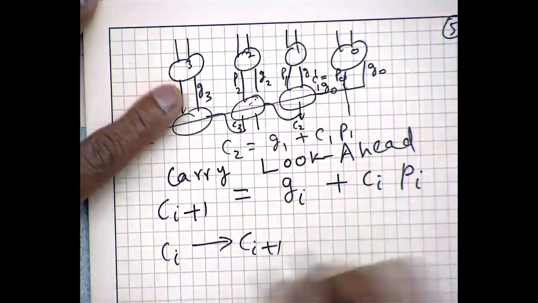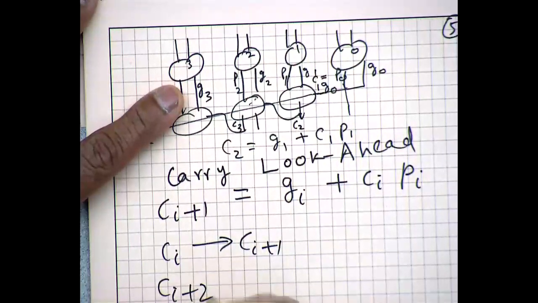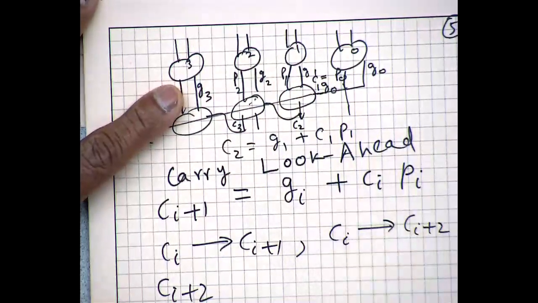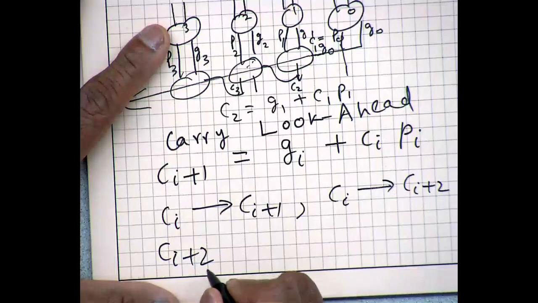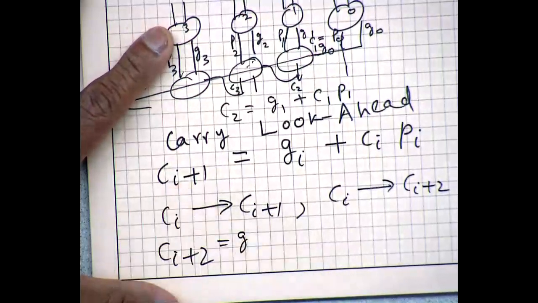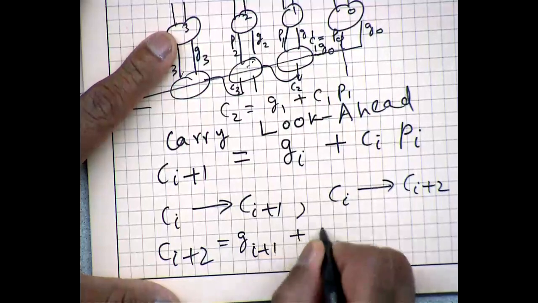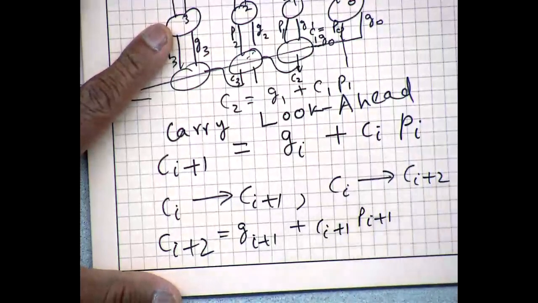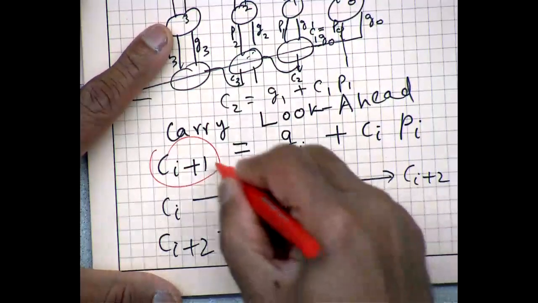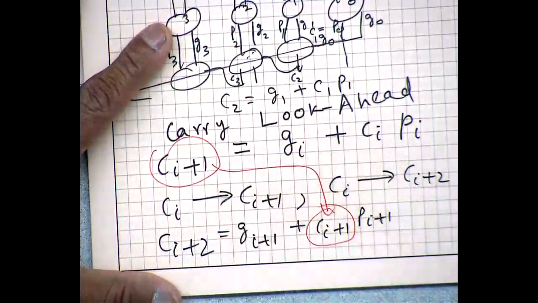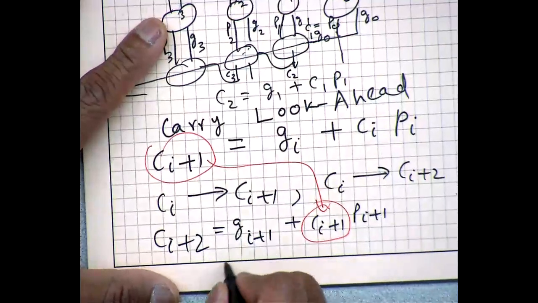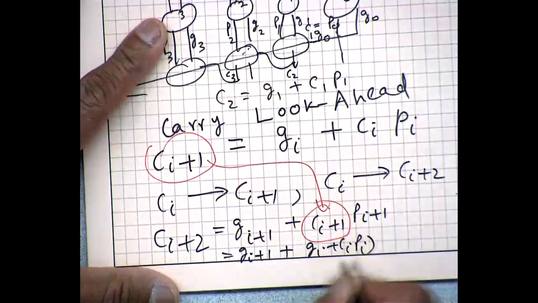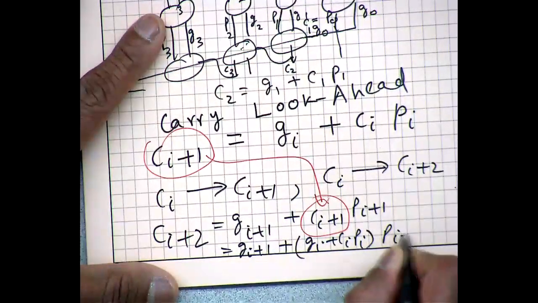So for example, if I want to compute Ci plus 2 from Ci and not compute Ci plus 1, what do I do? How can we get Ci plus 2 from Ci? Ci plus 2 can be written as, replacing I by I plus 1, Gi plus 1 plus Ci plus 1 times Pi plus 1. Now this Ci plus 1, substitute that here. Then that becomes Gi plus 1 plus Gi plus Ci Pi, times Pi plus 1.